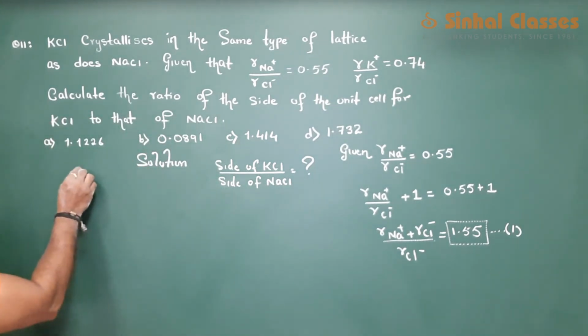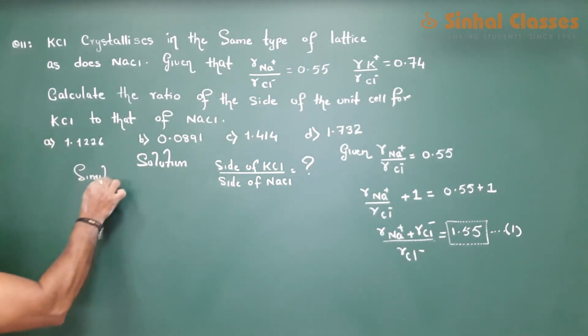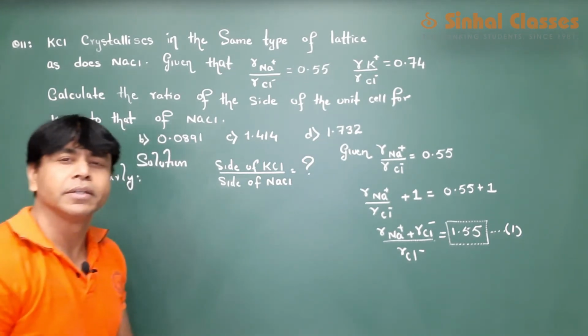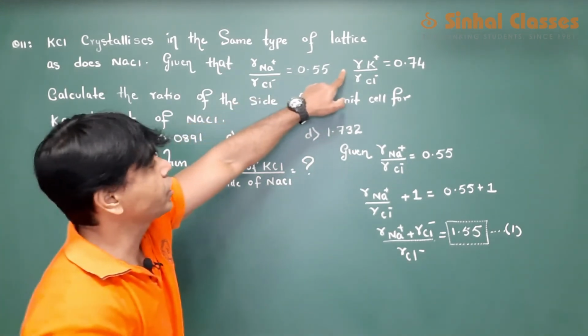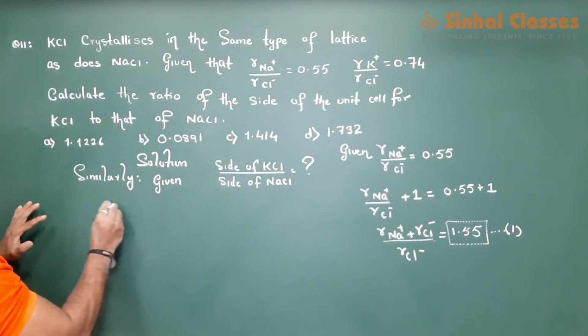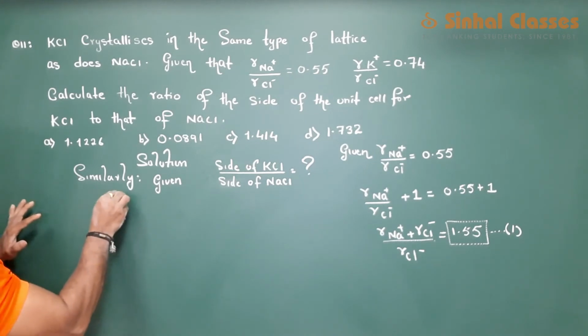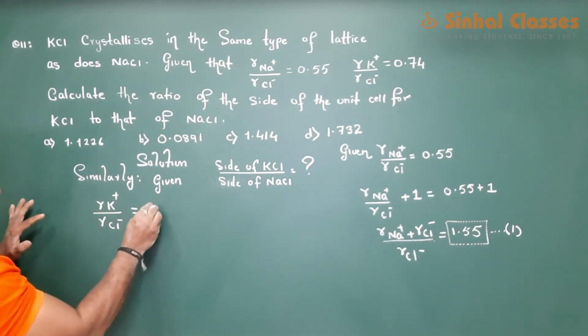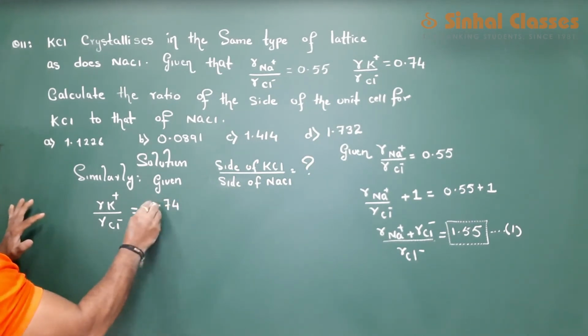Similarly, you take the other one given to you. Similarly given R K plus upon R Cl minus is 0.74.